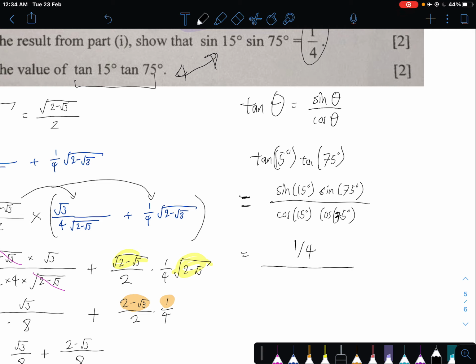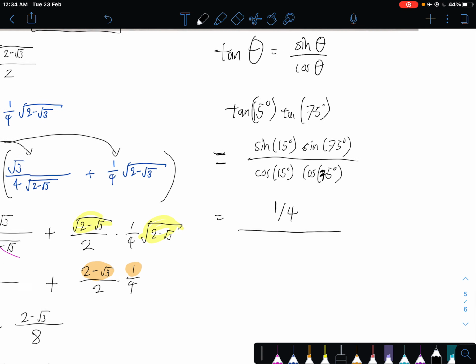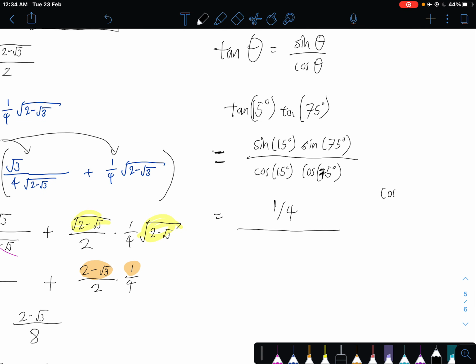How about cosine 15 degrees and cosine 75 degrees? That's when you have to know complementary identities. You see, complementary identities: cosine of alpha is equal to sine of beta, when alpha plus beta adds up to 90 degrees. Don't care what the alpha and beta is, as long as those two angles add up to 90 degrees, then you can have cosine equal to sine.